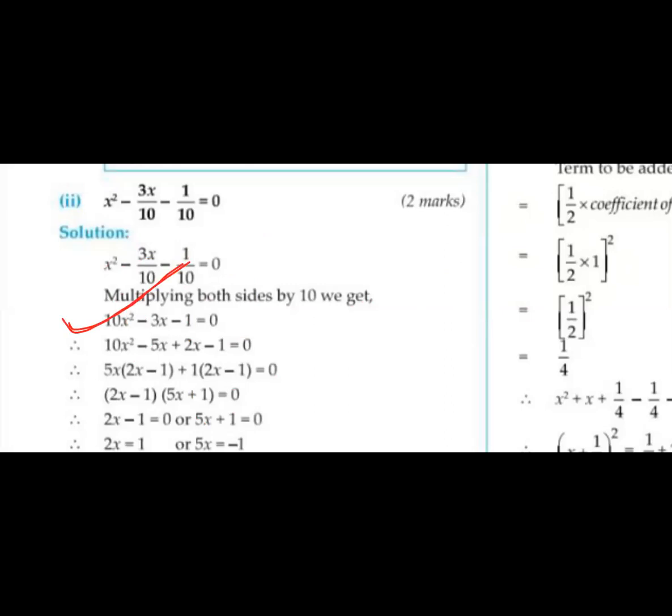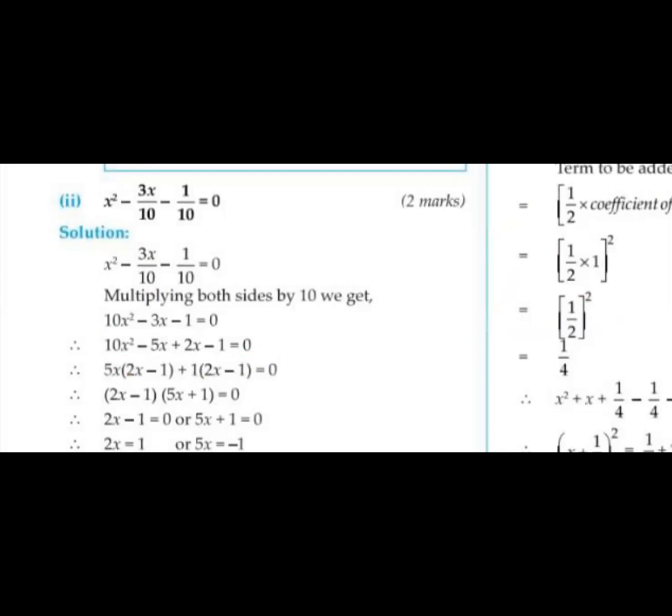The rest of the method is the same. First term multiplied by last term. So 10 times 1 is 10, it should be minus 10. So 3x is the middle term, we can take 5 and 2. So minus 5 and 2. 10x square minus 5x plus 2x minus 1. In the first two terms we can take 5x as common, and in the last two terms we can take 1 as common. 2x minus 1 is there.